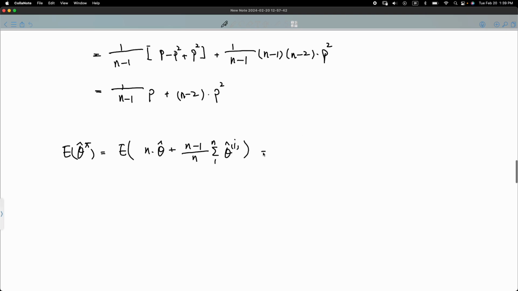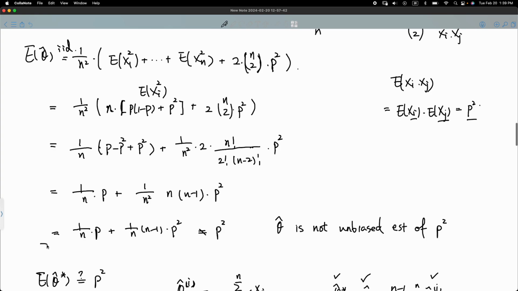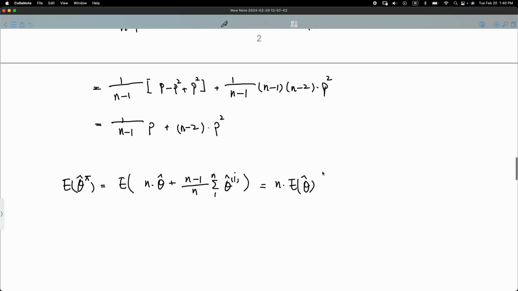Now we just need to plug everything into this formulation. First of all, n multiplied by the expected value of theta hat, which we already evaluated in the previous derivation, plus another constant term, n minus 1 over n. And again, let me find a good way to talk about that.